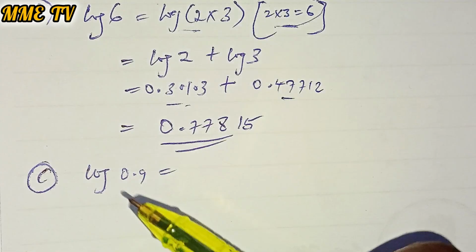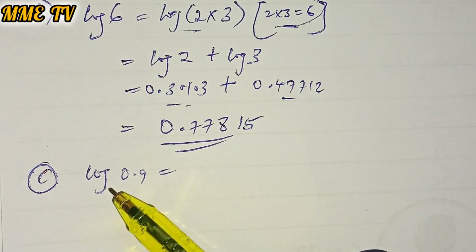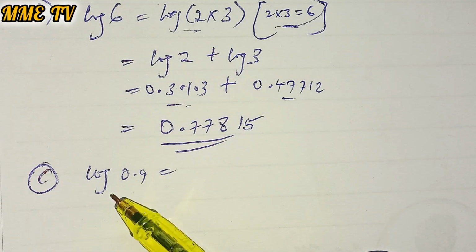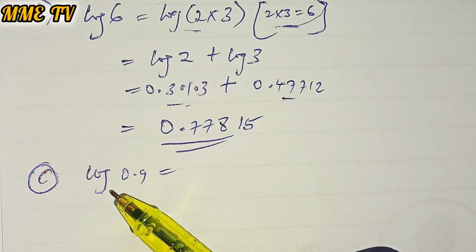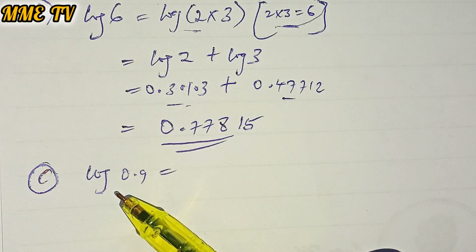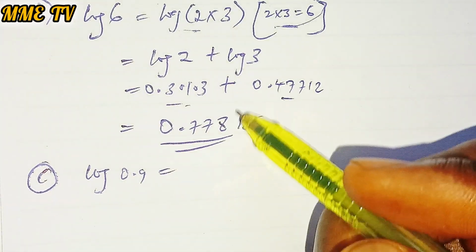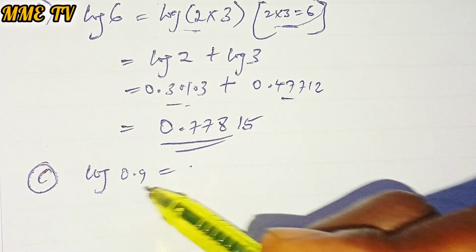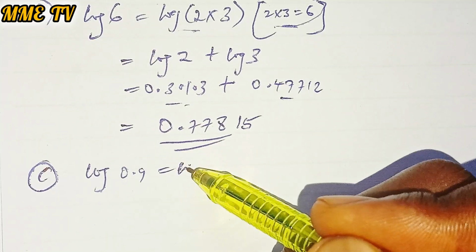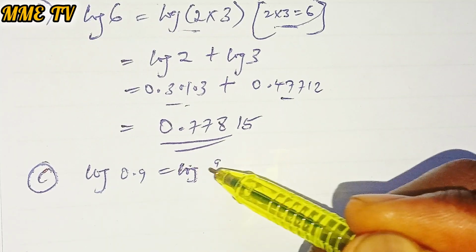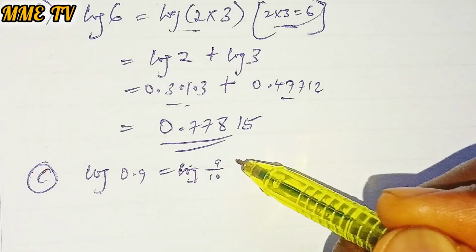Remember that whenever you're given a log without any base, they are all in an invisible base 10. So log 0.9 is the same thing as log of 9 over 10.